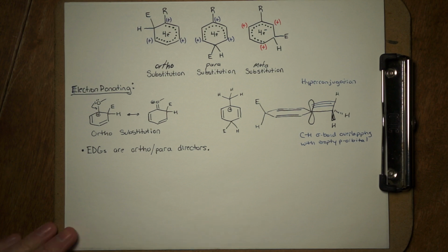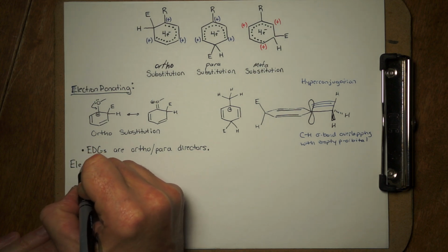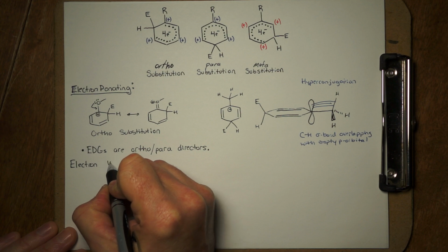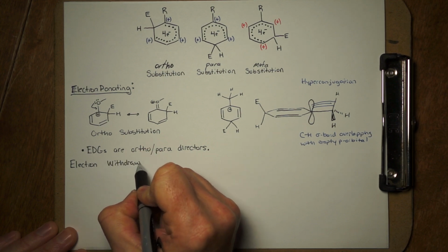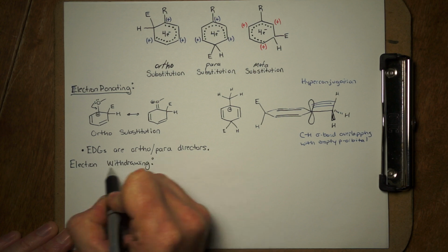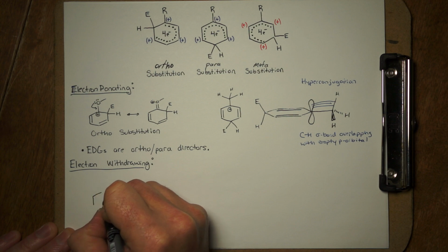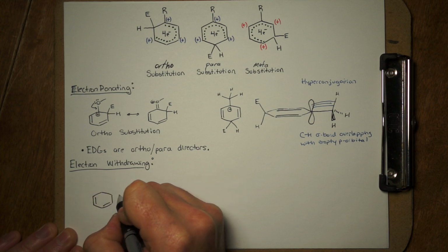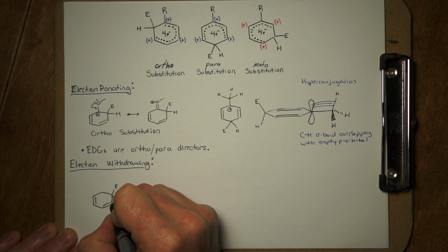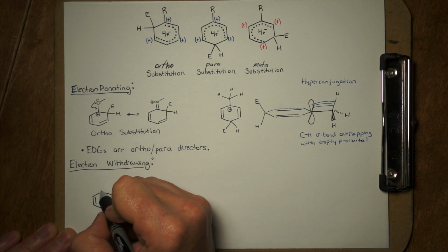Okay? If we look at electron withdrawing groups, now we'll look at something like a nitro group. Again, we're going to investigate the same resonance structure of the Arenium ion that would form from ortho addition.